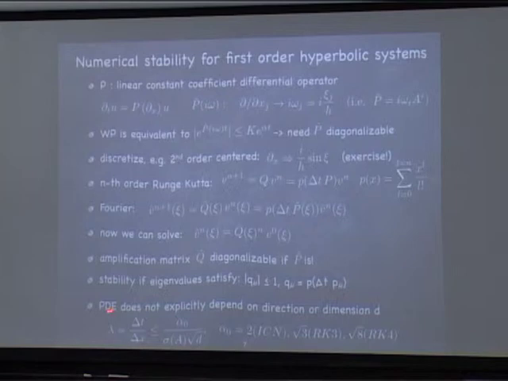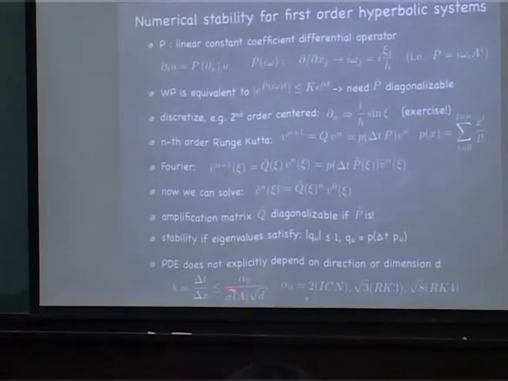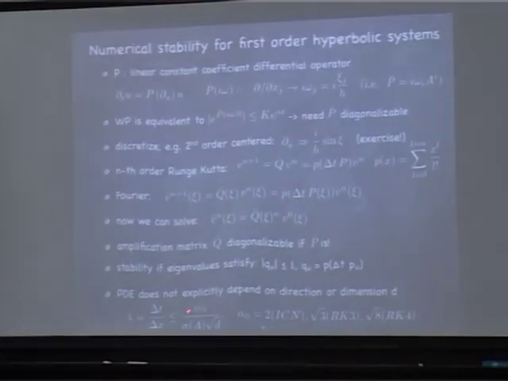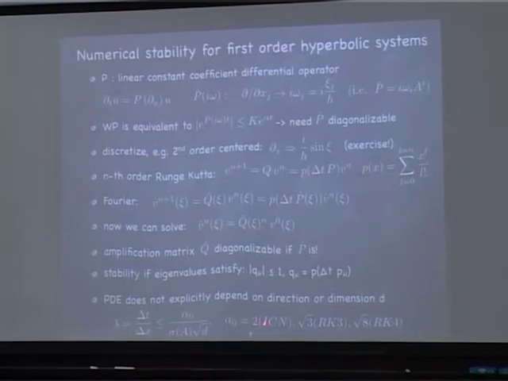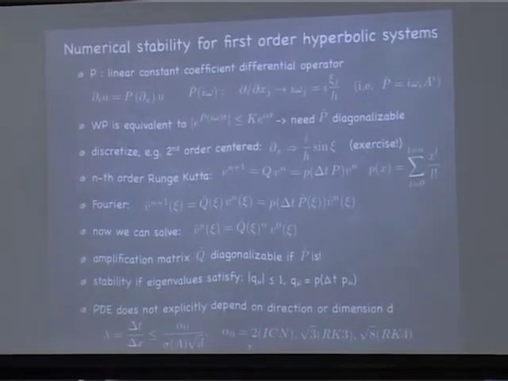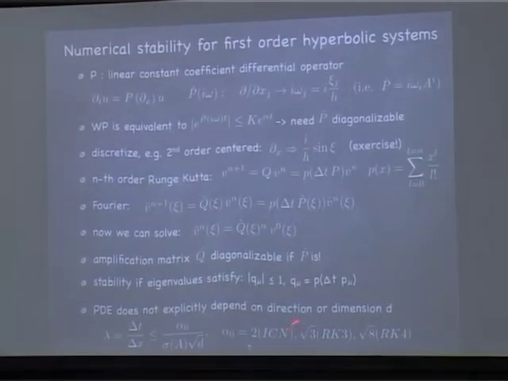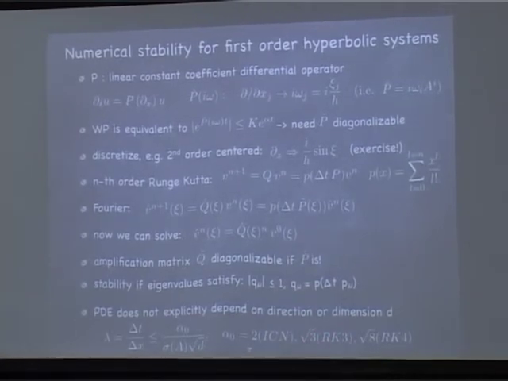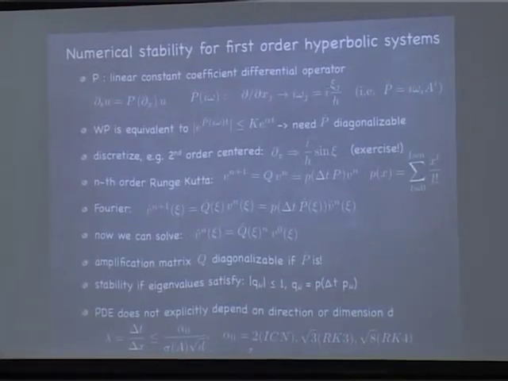If it doesn't, then the time step ratio delta t by delta x is essentially given by some number alpha 0, which is 2 for some integrator which I haven't talked about, square root of 3 for the third order Runge-Kutta, and square root of 8 for Runge-Kutta 4.